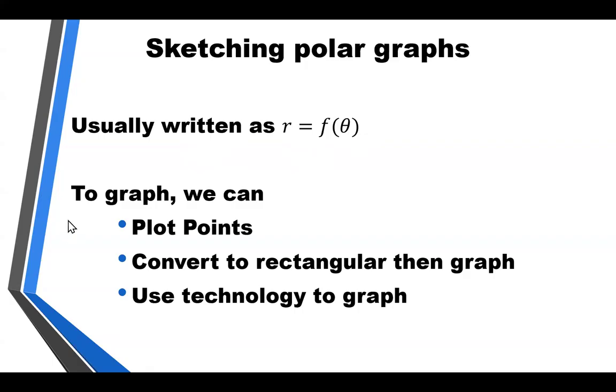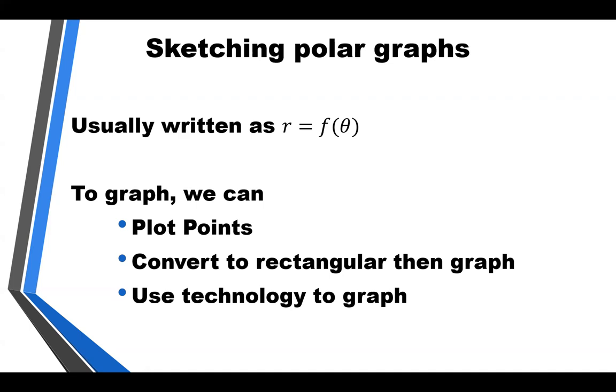Now, if we are going to graph, there's a few different ways we can graph. Obviously, we can plot out some polar points if we want, plug in different values of theta, and then plot the points. We can convert from polar into rectangular coordinates and then graph using the normal rectangular coordinate system, or we can use technology. For the most part in this section, I'm going to just use technology.